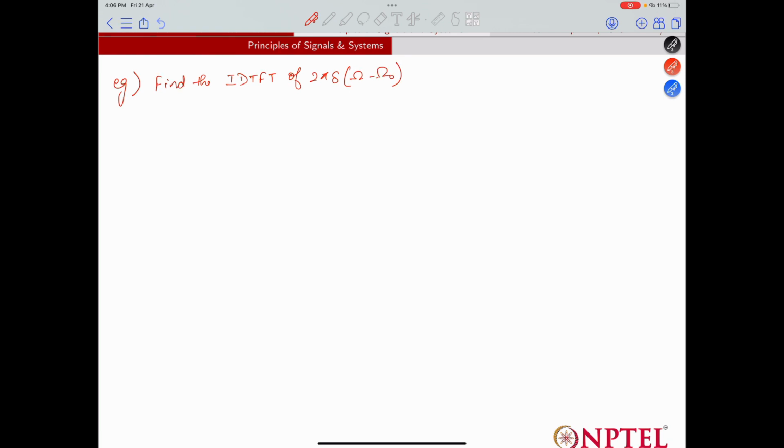We know that the inverse Fourier transform of this can be written as 1 by 2 pi, integration over minus pi to pi, of 2 pi delta of omega minus omega naught.